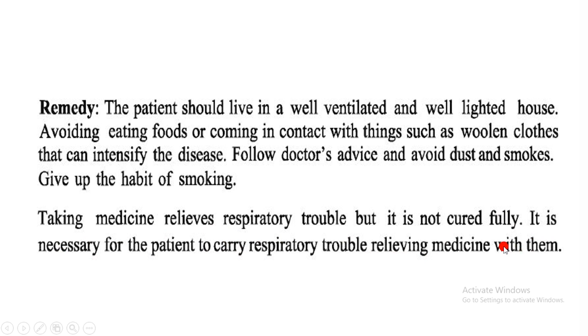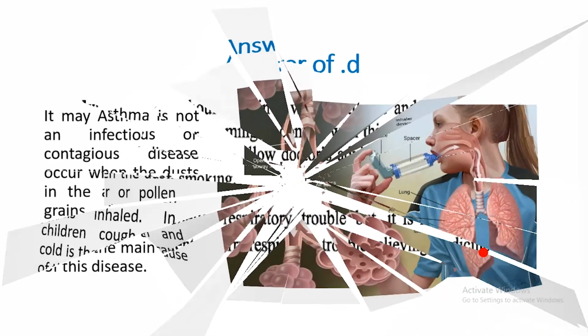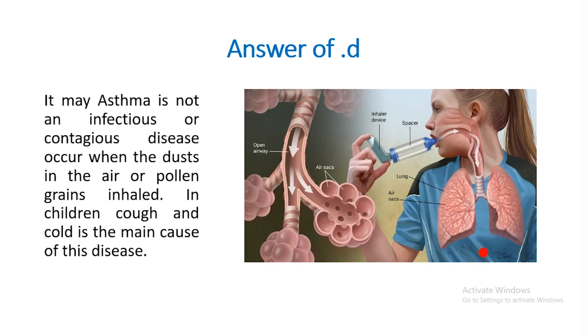My dear students, earlier I just discussed the question, so first of all you can write this: asthma is not an infectious or contagious disease; it occurs when the dust in the air or pollen gets inhaled.